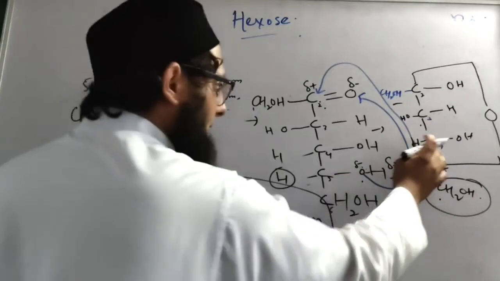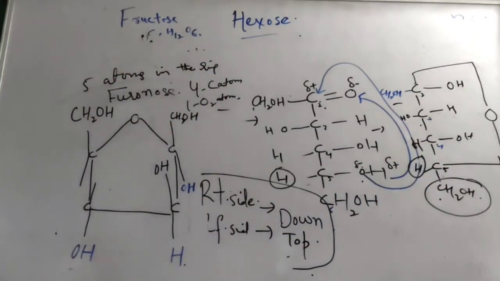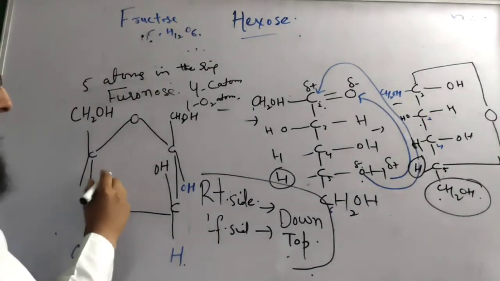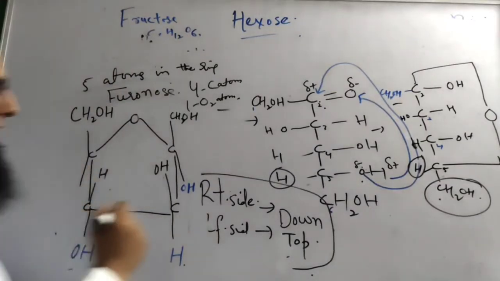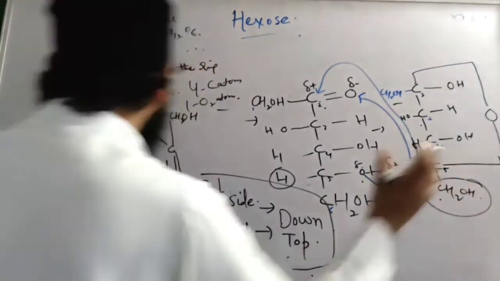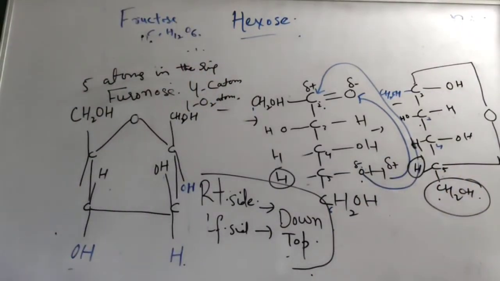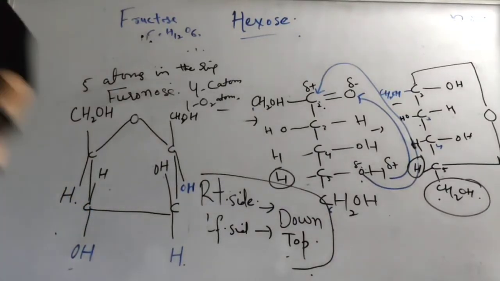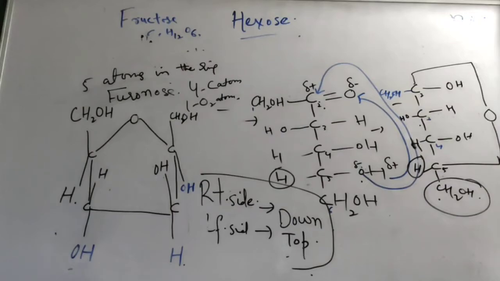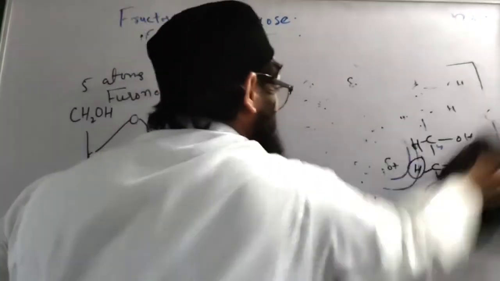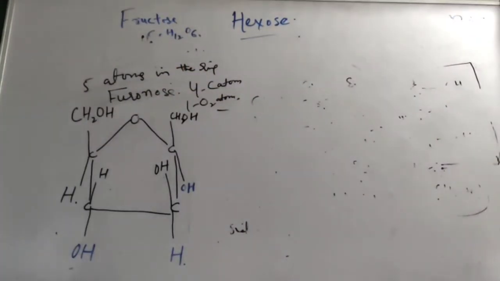At carbon number 4, we have H on the left side. It will be placed on the top. Similarly, as I told you, CH2OH is always written on the top. The remaining hydrogen will come here. This is our ring structure of fructose.